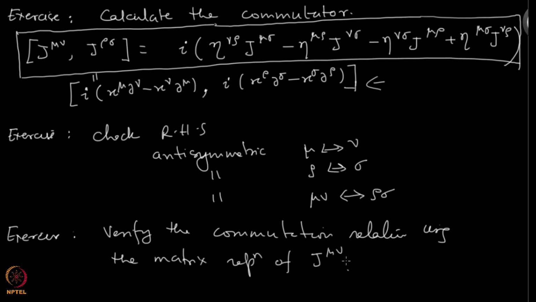Okay. Now, we see that there are 6 independent generators. And we are talking about proper orthochronous transformations. You see, we are connected to identity, we are slightly away from identity.